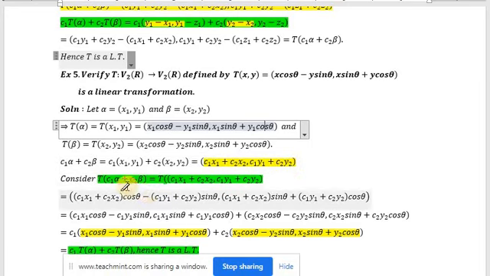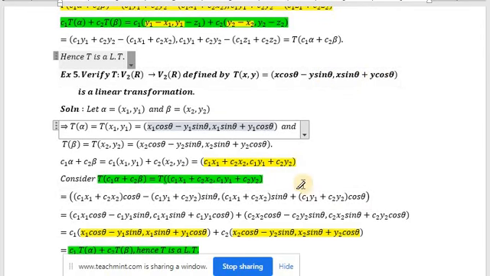Now consider T of C1 alpha plus C2 beta, which is nothing but T of C1 x1 plus C2 x2, comma C1 y1 plus C2 y2. Now by expanding this by using the given transformation, we get C1 x1 plus C2 x2 into cos theta minus C1 y1 plus C2 y2 into sin theta, comma C1 x1 plus C2 x2 into sin theta plus C1 y1 plus C2 y2 into cos theta.